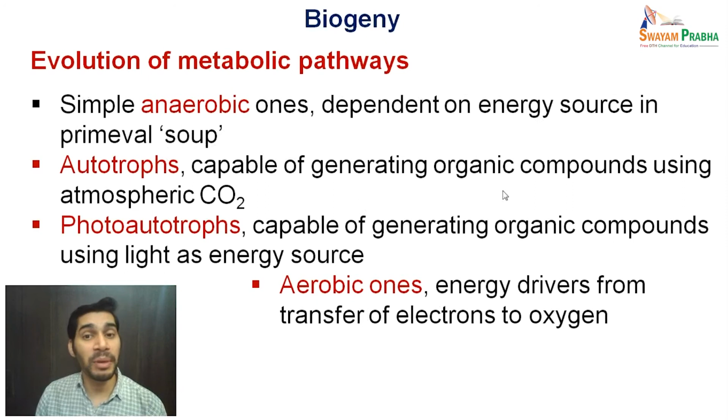Autotrophs were capable of generating organic compounds using atmospheric carbon dioxide. From the autotrophs, photoautotrophs came into play, which generated organic compounds using light as the energy source. And then the aerobic organisms came into play, who derived energy from the transfer of electrons to oxygen. That means they were using oxygen here.